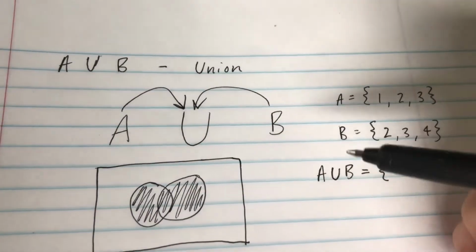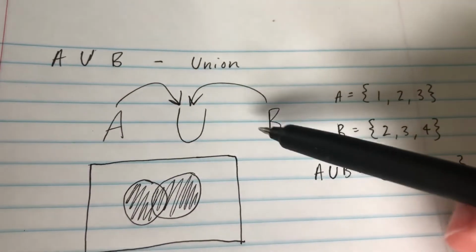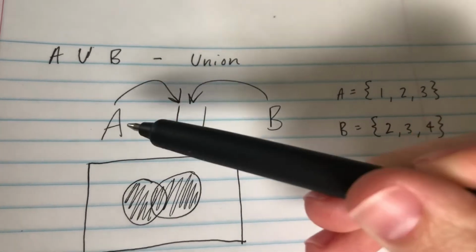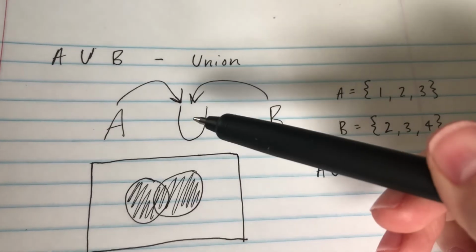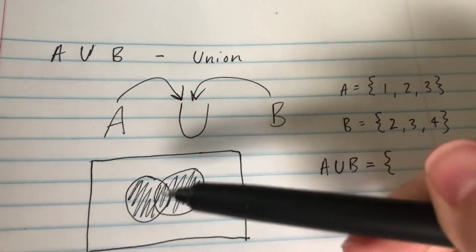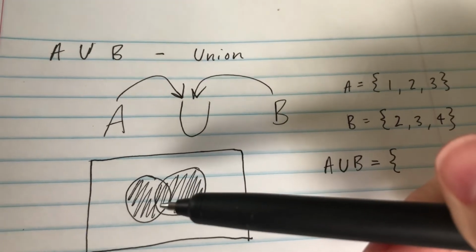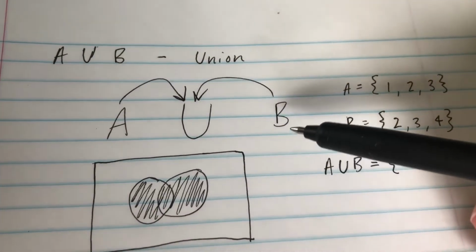It seemed to be easy for people to remember: if you have A union B, picture this like a trash can, and you're going to throw everything from A in and everything from B in. So everything in here, everything from A and everything from B and everything they have in common is going to be in the subset A union B.